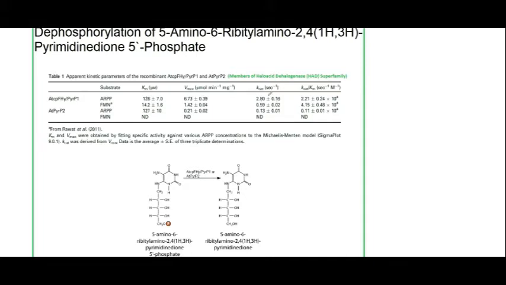And so this one seems to be able to dephosphorylate both of them.